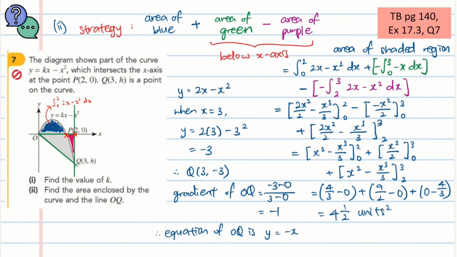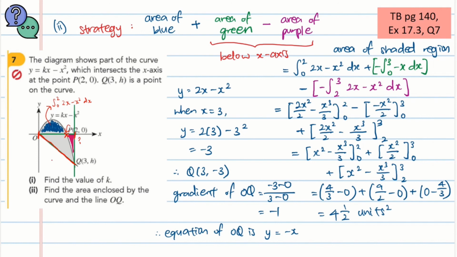This cross refers to the point P. So what I will need is the equation of this straight line in order for me to do a definite integral from 0 all the way to this point. And then I can find out the area of the green segment, or the green triangle.